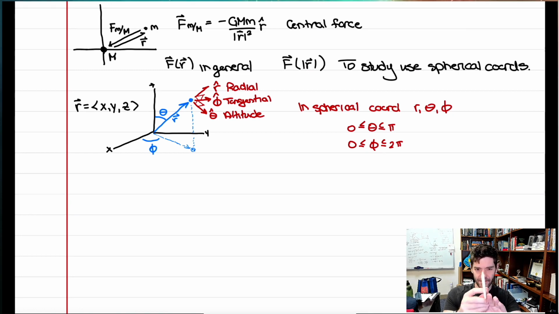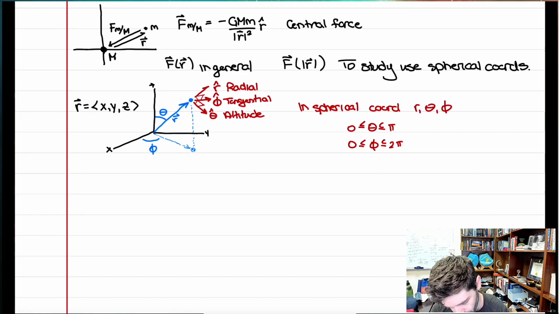But if I allowed this to go around 2 pi, so that my altitude could ultimately point the arrow in the opposite direction, then I could also rotate my phi by 180 degrees, and that would be pointing to the same spot. So you would be double counting certain regions if you allowed both to go from 0 to 2 pi. If you allow only one to go to 2 pi, you can uniquely determine every location in 3D space by a unique set of 3 numbers.